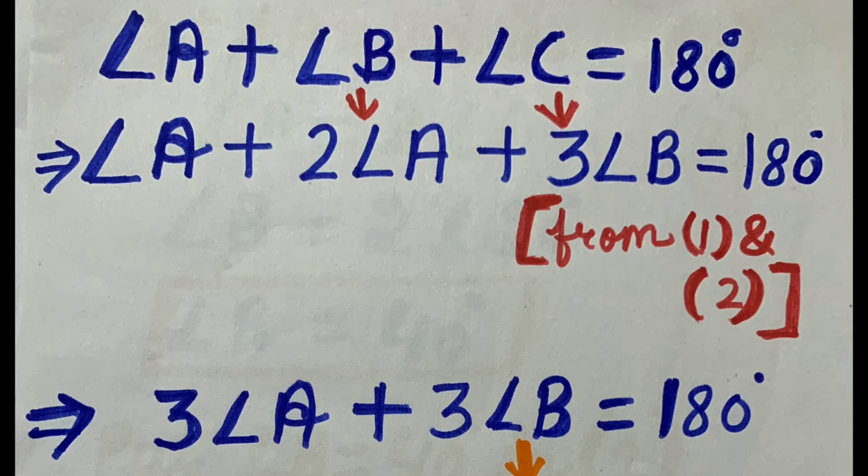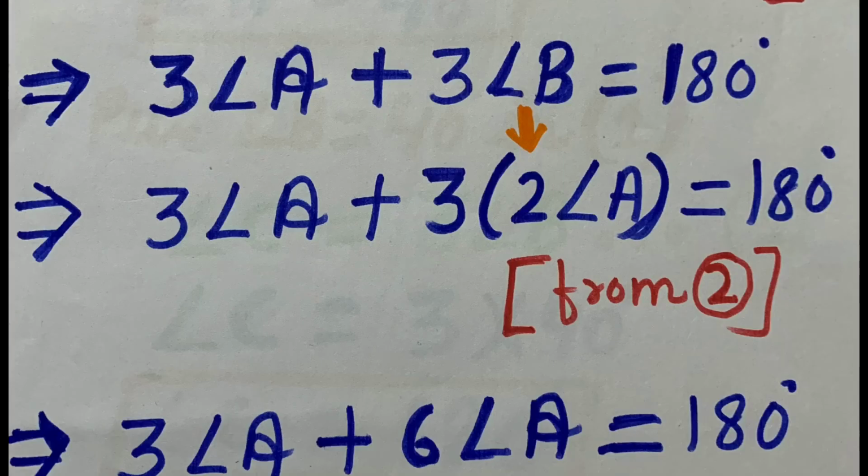Angle A plus 2 angle A will be 3 angle A plus 3 angle B is equal to 180 degrees. In the next step children, 3 angle A as it is plus 3 angle B. Angle B I will replace again with 2 angle A from equation number 2.